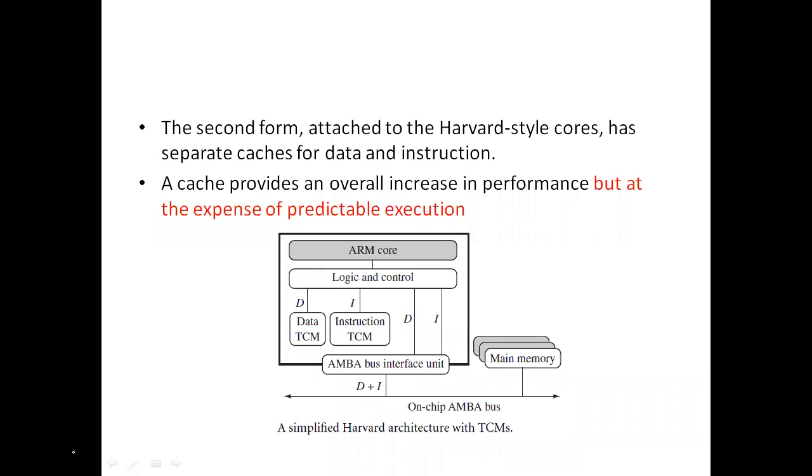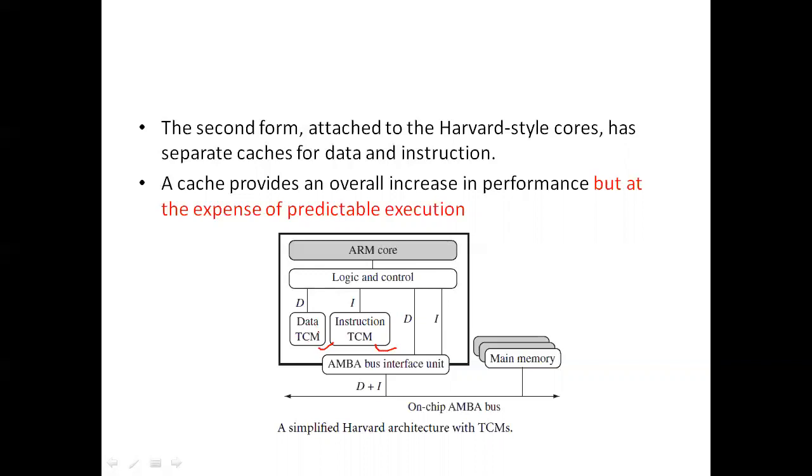You can see in this diagram that we have an ARM core and a logic and control unit, and in between the ARM core and the main memory, we have a separate TCM for the data and a separate TCM for the instructions. So there is a separate fast access memory for the instructions and a separate memory for the data.